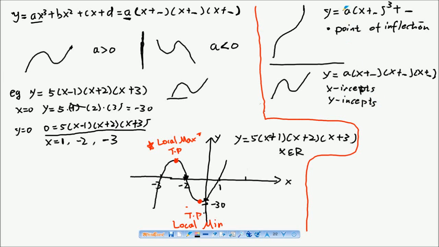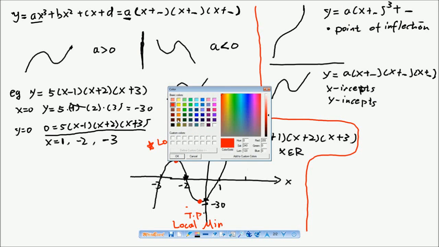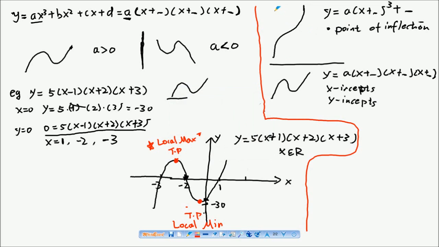and if there's a minus sign in the front, your graph would look like something there. If a is less than 0, in this form your graph would look like that. This is everything you have to remember.